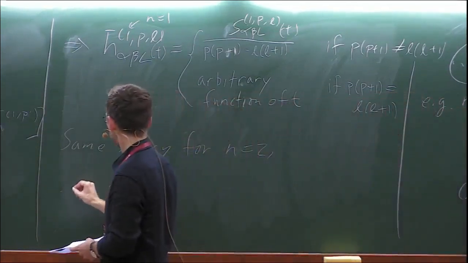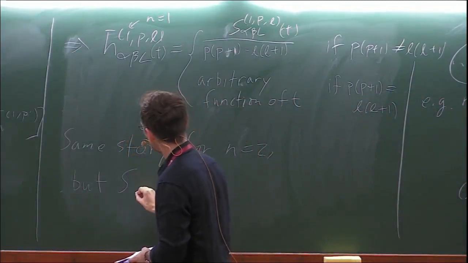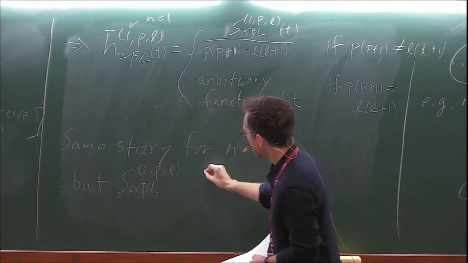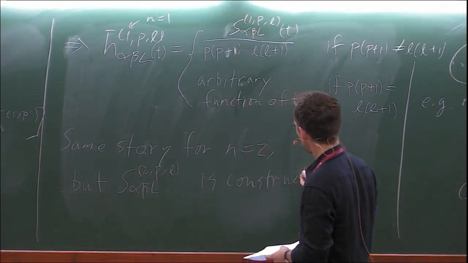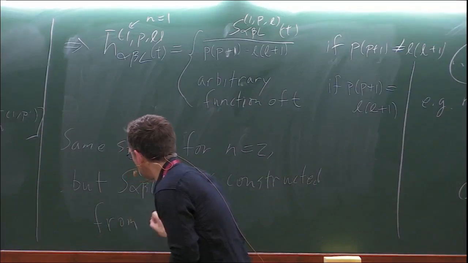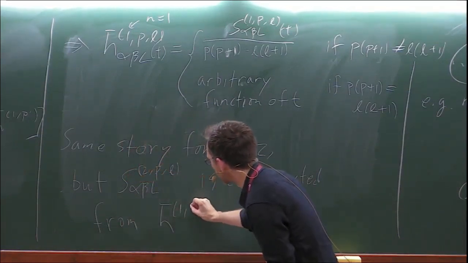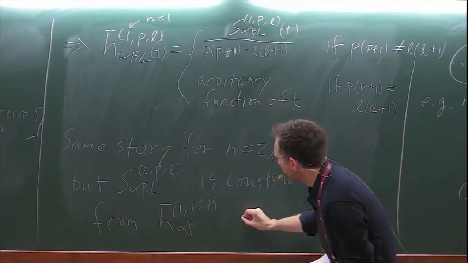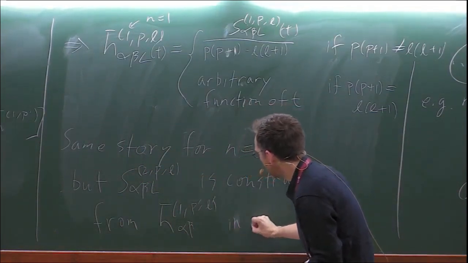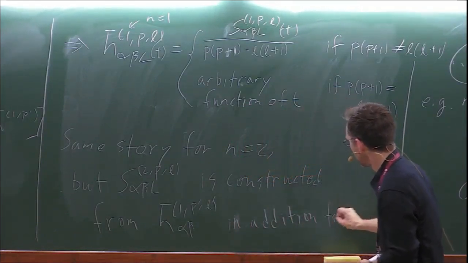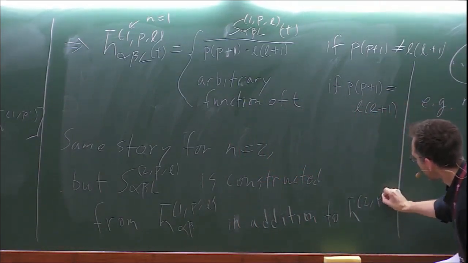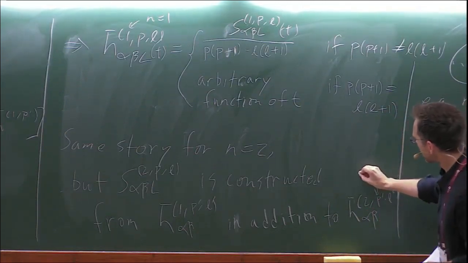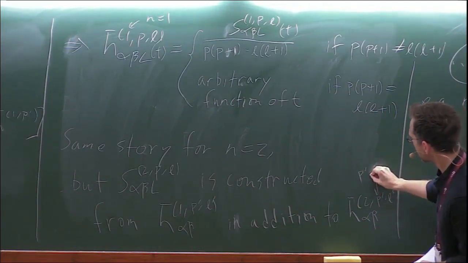So it's exactly the same, but the source 2pl is constructed from h bar 1 p l prime prime, in addition to h bar 2 p prime l prime alpha beta, where this p prime is less than p.